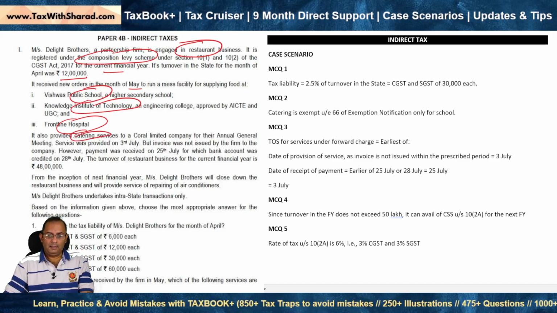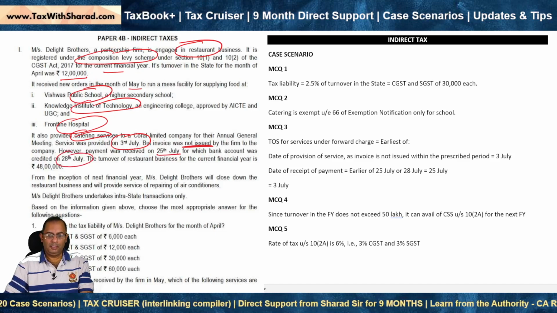It also provided catering services to a company for their AGM. The service was provided on 3rd July, but invoice was not issued by the firm to the company. However, payment was received on 25th July, for which bank account was created on 20th July.